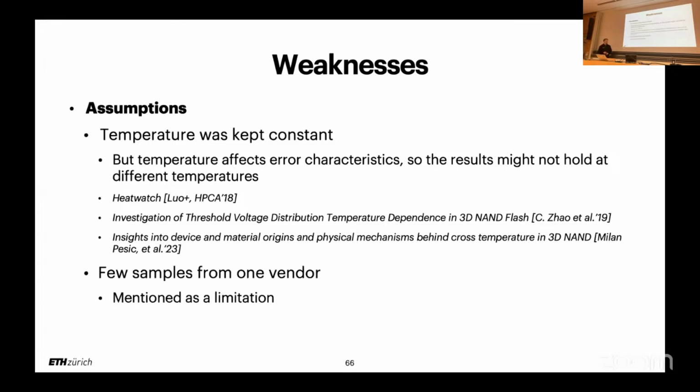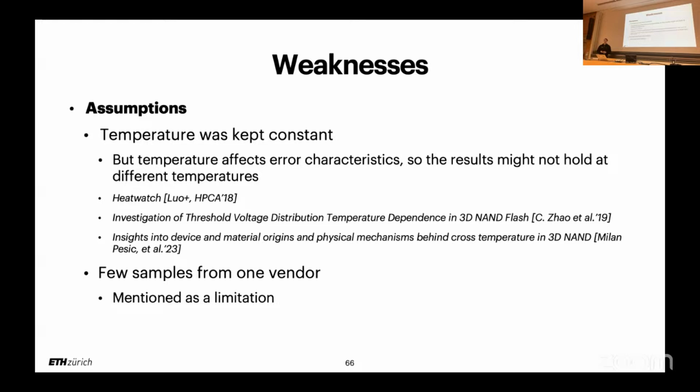Another limitation is that, as I said, they only randomly sample 27 flash blocks, which is a small sample size if you think about it. And they only look at one vendor, even though they say this is a limitation in the paper itself.